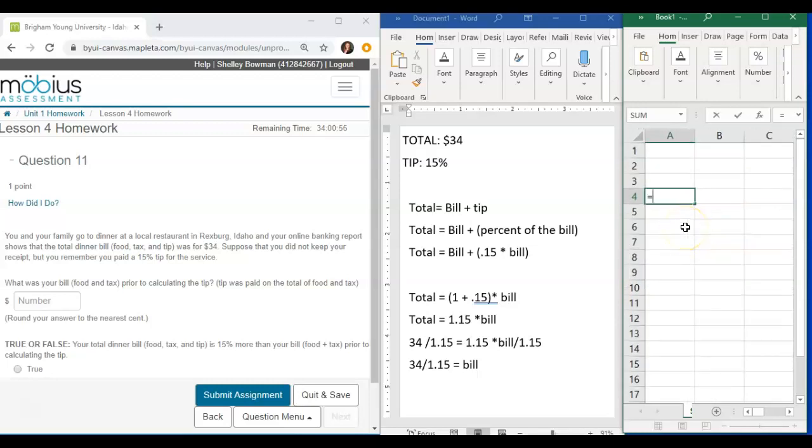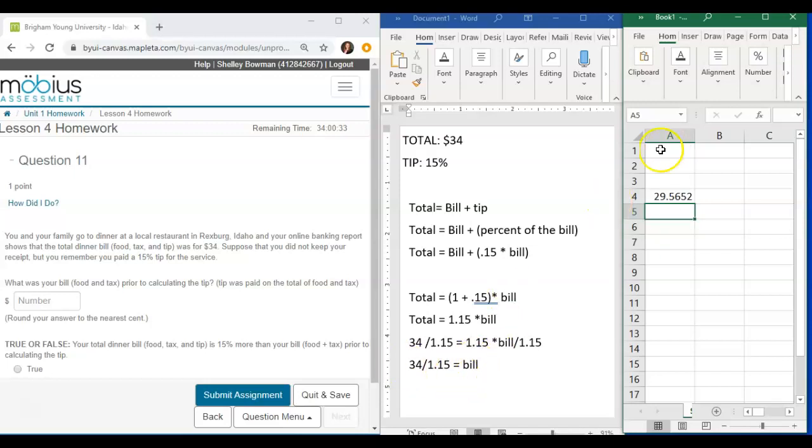To get Excel to calculate, we just put an equal sign in, and that tells it that we want it to calculate something. We'll type in 34 divided by 1.15, and that will tell us how much the bill was for the food and the tax prior to the tip.